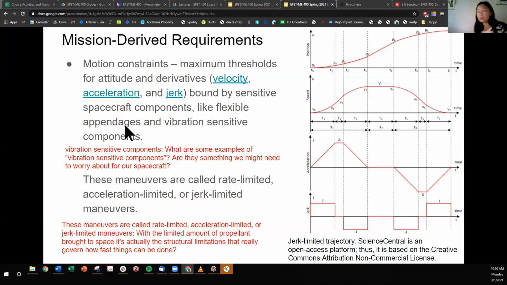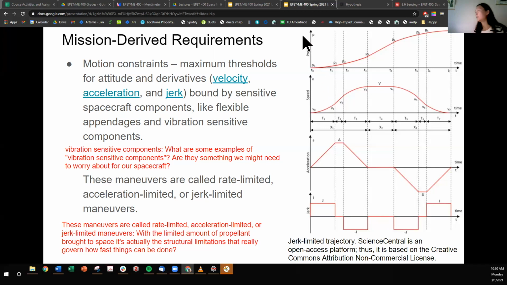Let's see, what other things? So maybe we'll talk about maneuvers that are rate limited, acceleration limited, or jerk limited.